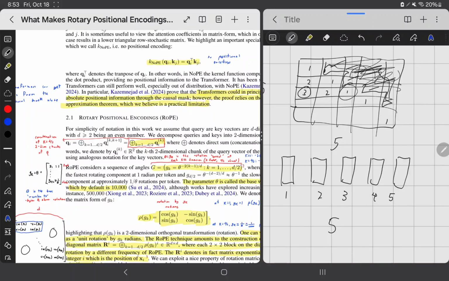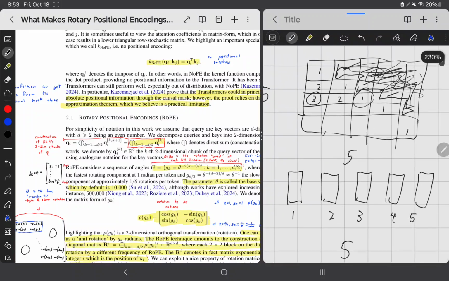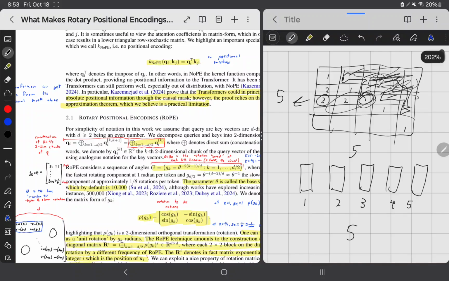So these are the relative positional encodings. And the idea behind RoPE was that you have this decay: closer to that token, there's more attention, while further away from that token, there's less attention. At least that was one of the reasons people thought it worked. However, they actually show in this paper that that's not true at all.